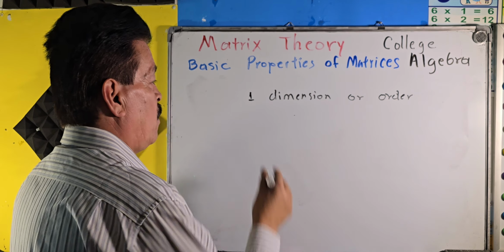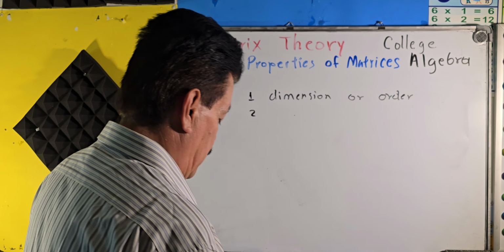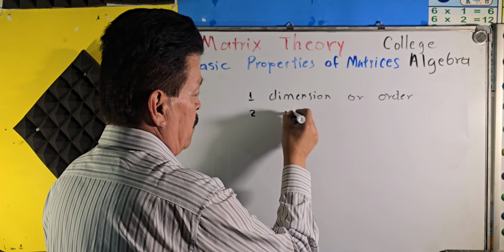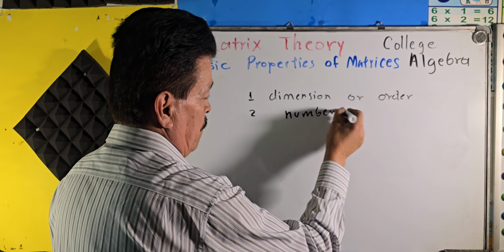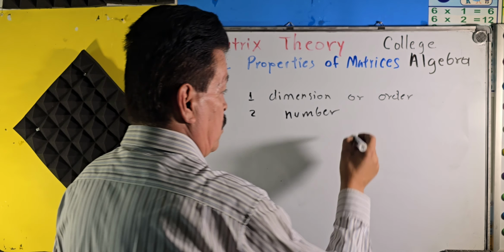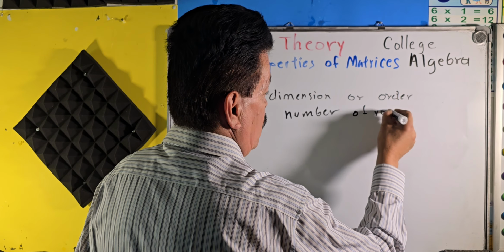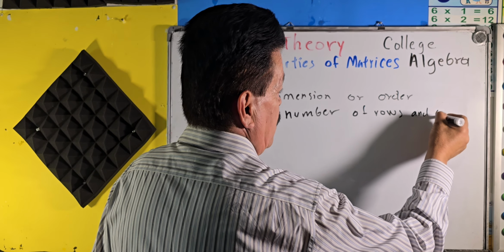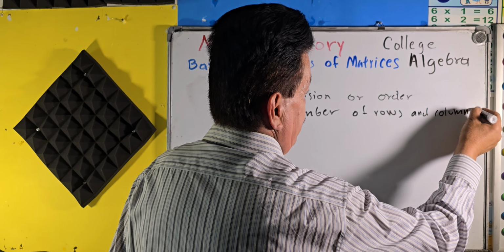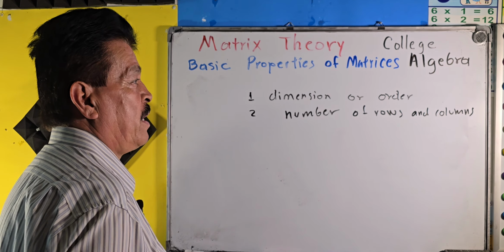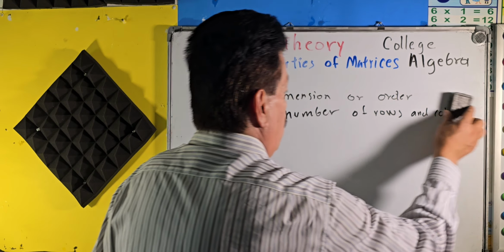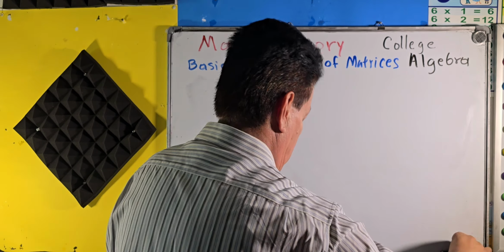That is, the number of rows and columns. This is the way that we classify a matrix. Let me show you some examples.